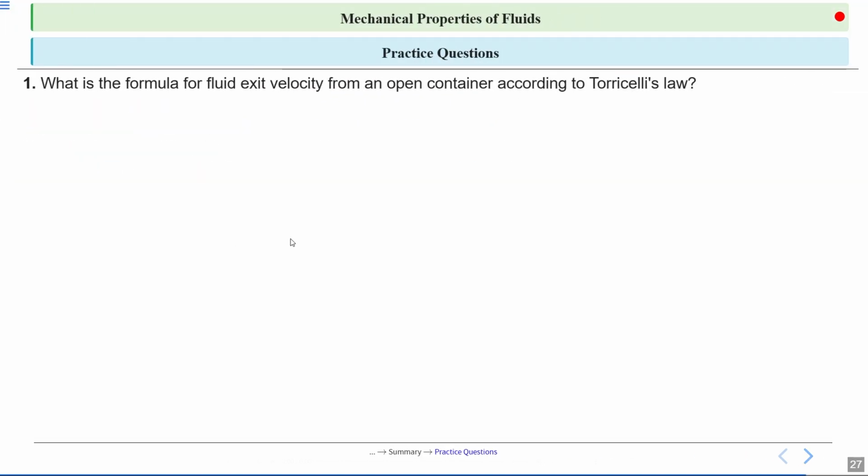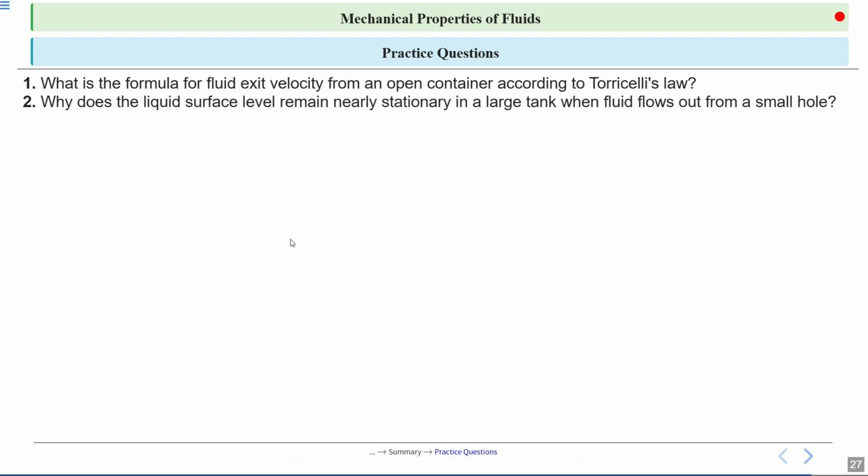Now we have some practice questions. First, what is the formula for fluid exit velocity from an open container according to Torricelli's law? Why does the liquid surface level remain nearly stationary in a large tank when fluid flows out from a small hole?